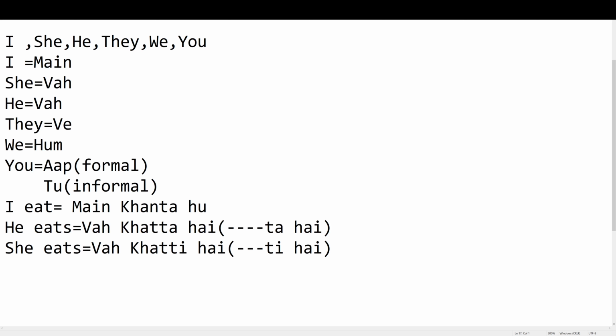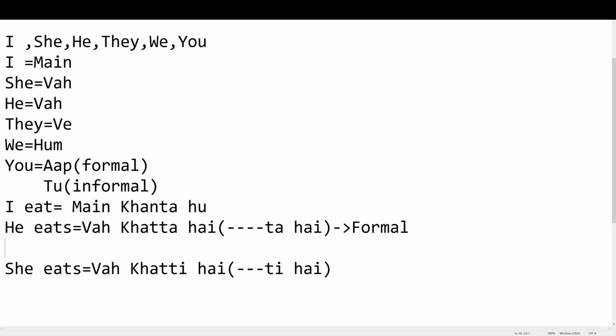Next is they. So I just want to tell you these sentences are formal way. I mean, if you want to say in formal way, you can use these sentences.